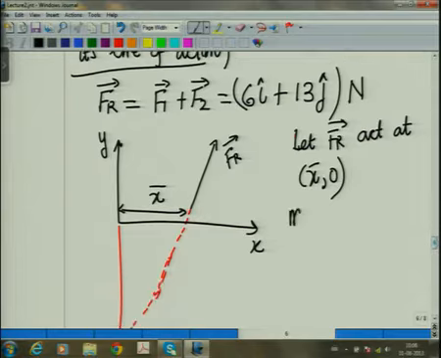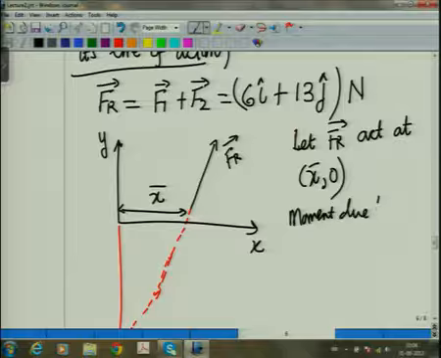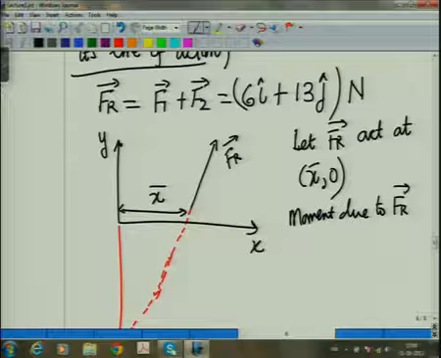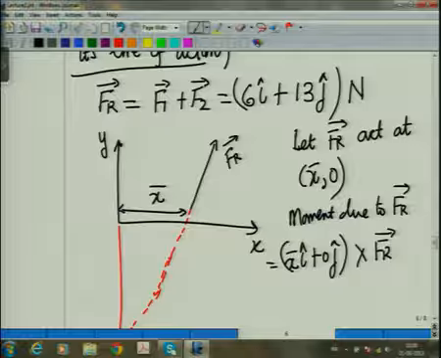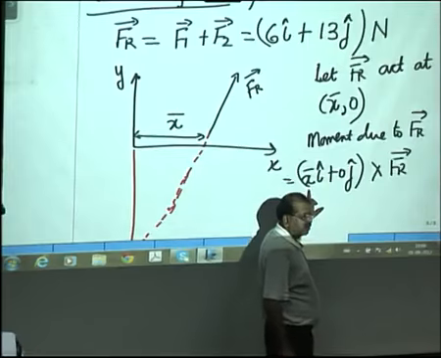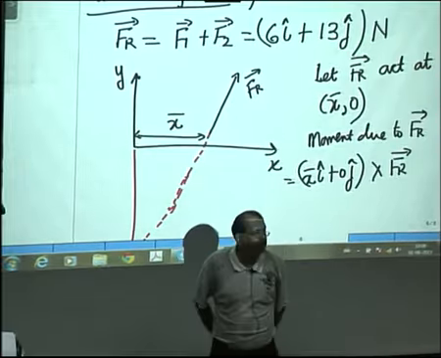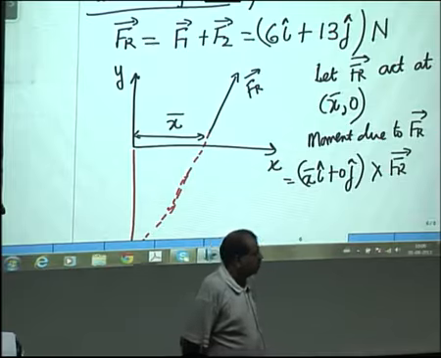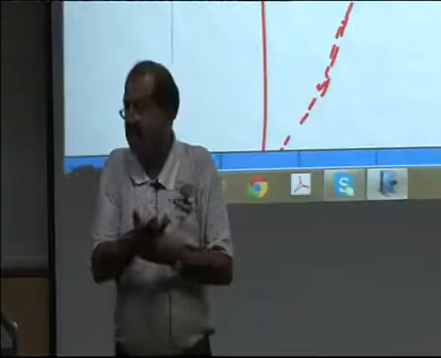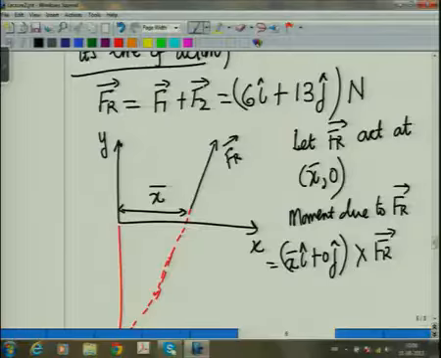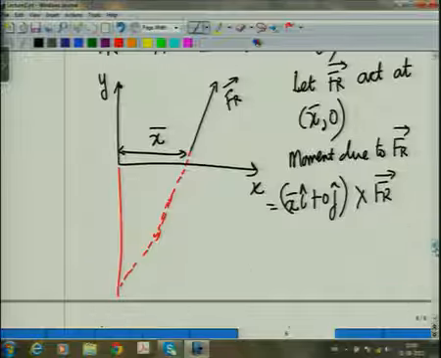So now the moment due to Fr will be equal to x bar i plus 0j cross Fr. I know Fr, I don't know x bar. What must this moment be equal to? This moment must be equal to the moment of the original system about the origin. So let's say this moment is M1.